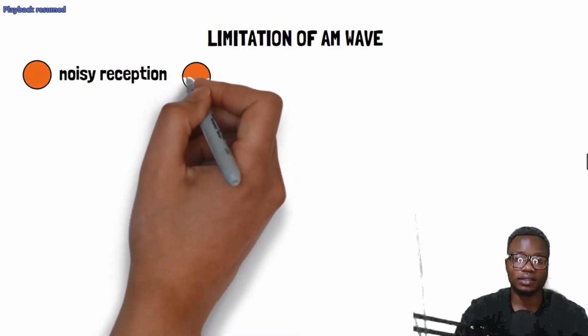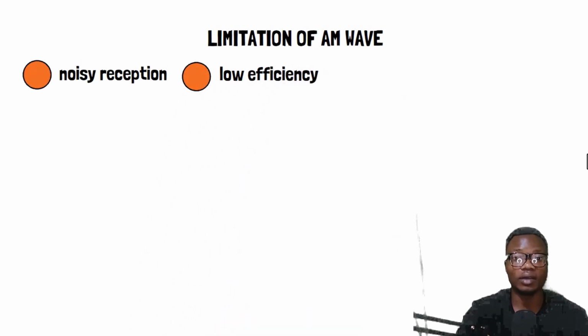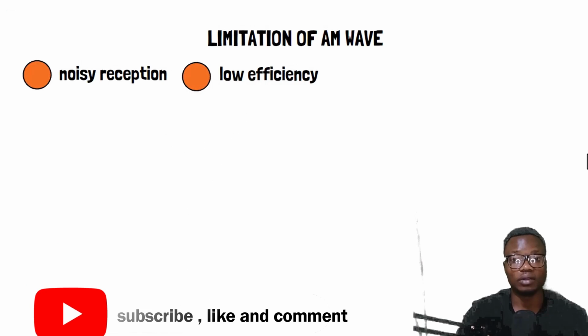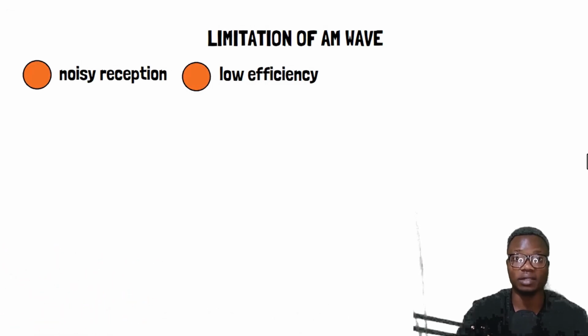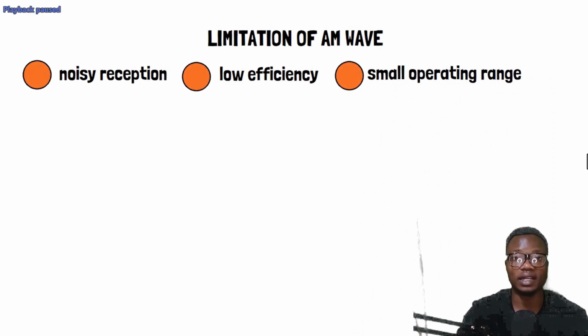The second disadvantage or limitation of AM wave is that it has low efficiency. Its ability to travel and to preserve information is small. The next limitation is that it has a small operating range. The distance of transmission from the transmitter to the receiver is very limited.